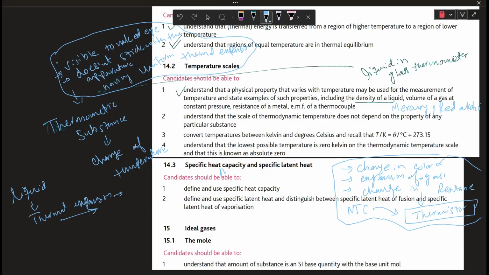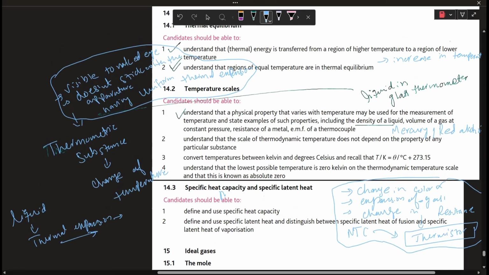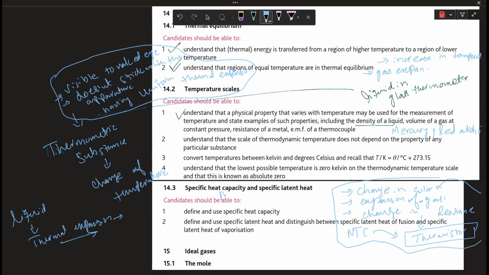The early thermometers did temperature measurements according to the expansion of the volume of air in a gas. We have studied in temperature in O levels that with the increase in temperature, what happens? Gas expands. So if the expansion is occurring, that means temperature is increasing.